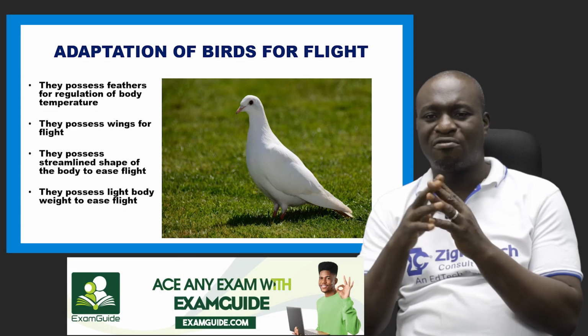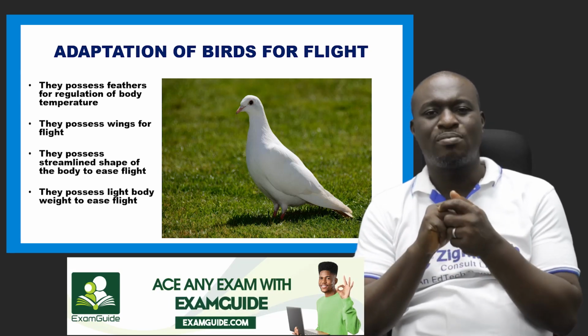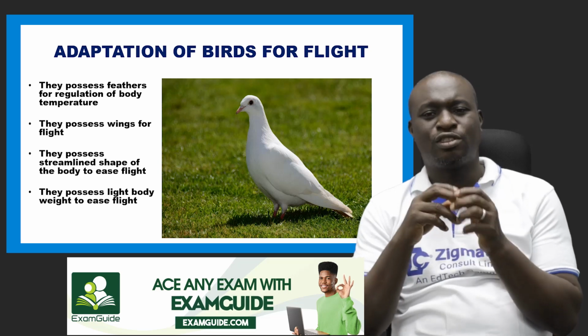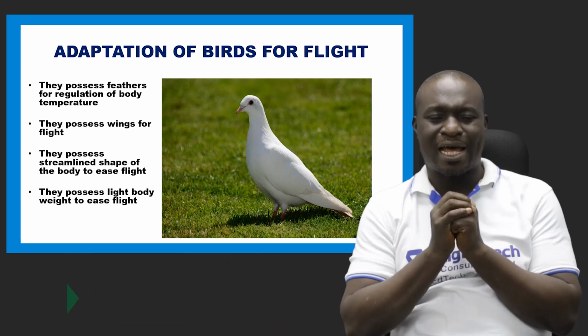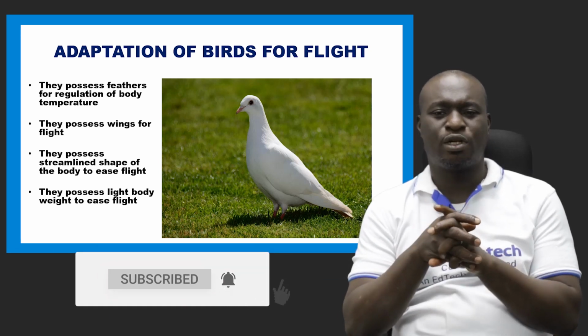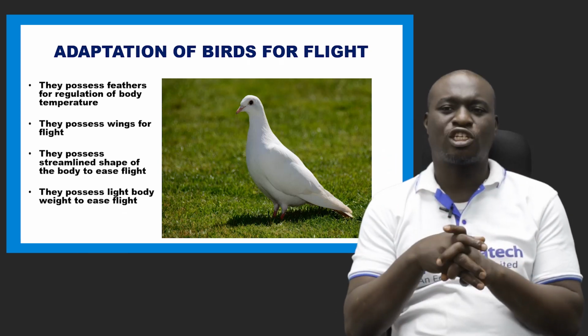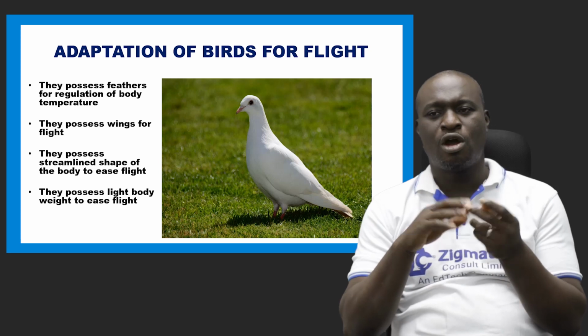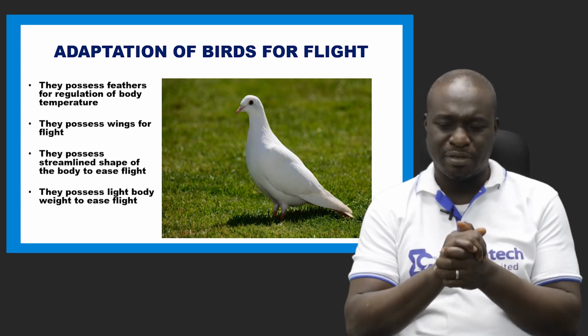Then we also have another adaptive feature, which is that they possess streamlined shapes, and these streamlined shapes of the body are for easy flight in air. And then also they possess light body weight, also for easy flight. These are some of the adaptive features of birds to an aerial habitat.